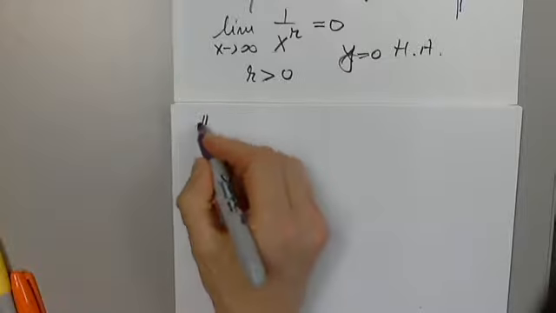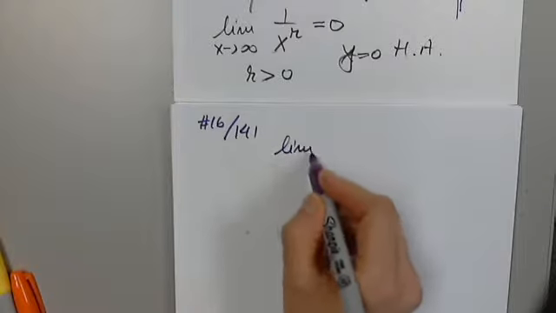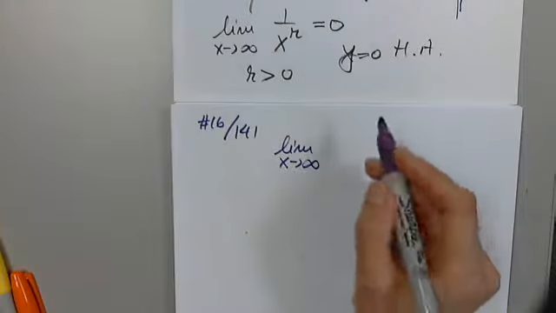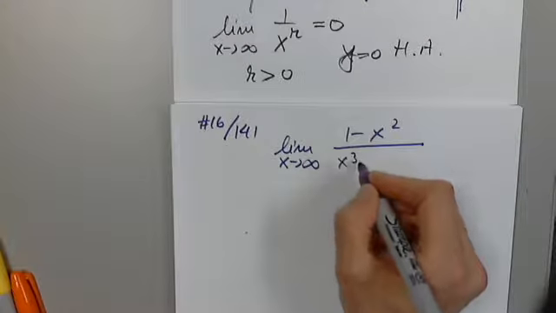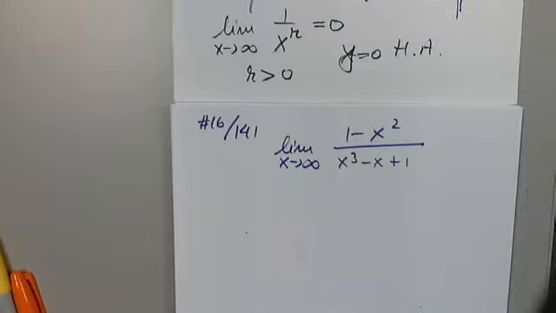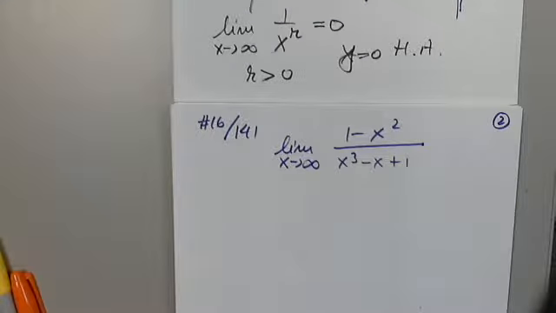Let's start by looking at 16 on 141. The limit as x approaches infinity of 1 minus x squared divided by x cubed minus x plus 1. So I'm asked to find this limit.